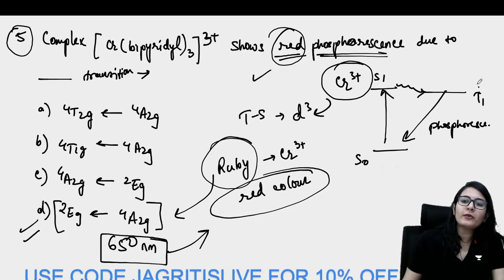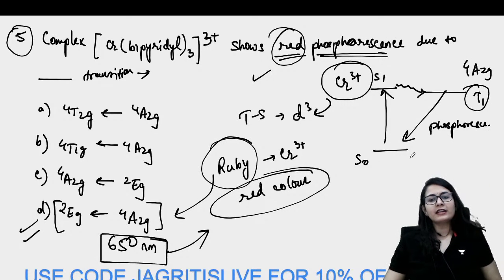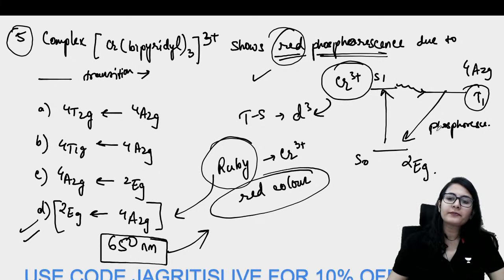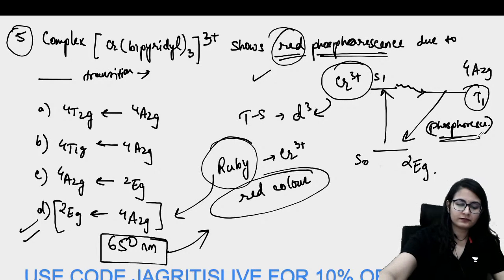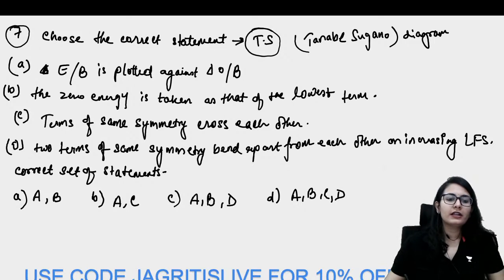So from a higher excited state, 4A2g, to a lower excited state, 2Eg, this is your transition which gives you the phosphorescence, luminescence.